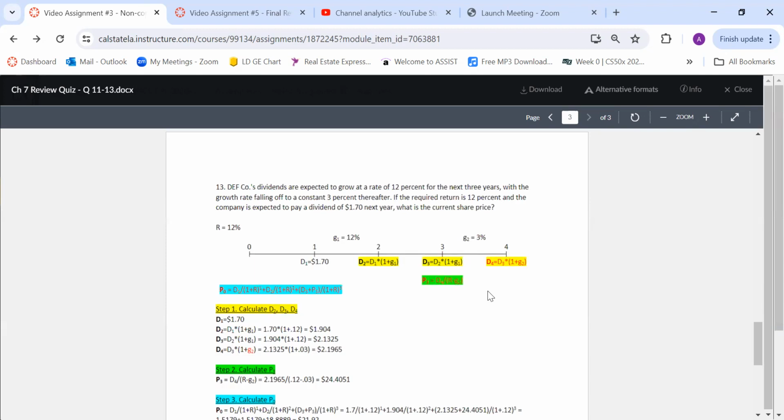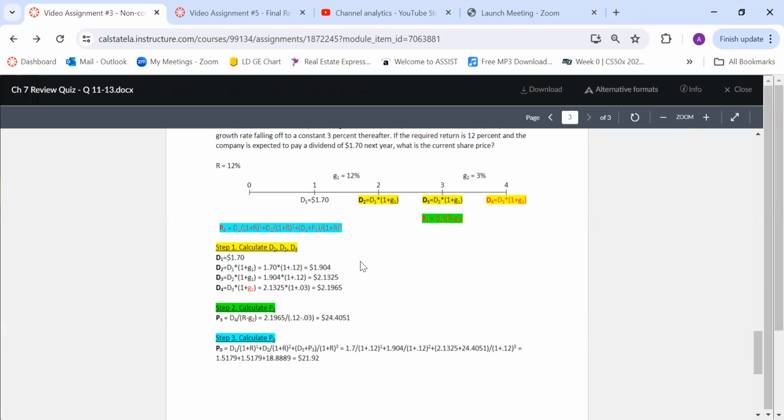For D4, we use a different growth rate because that's after the 3 years: we take D3, 2.13, and multiply by 1.03 to get $2.19.